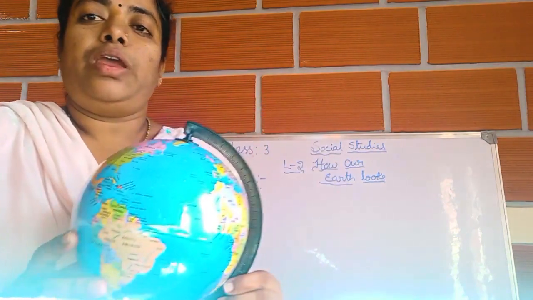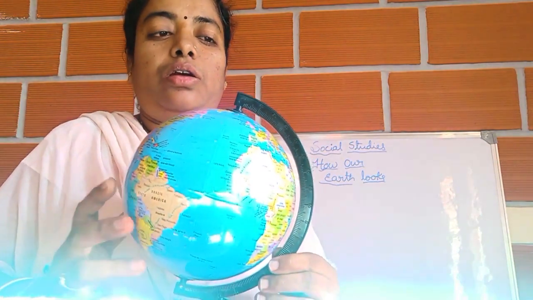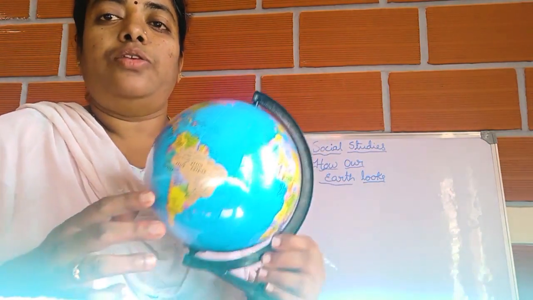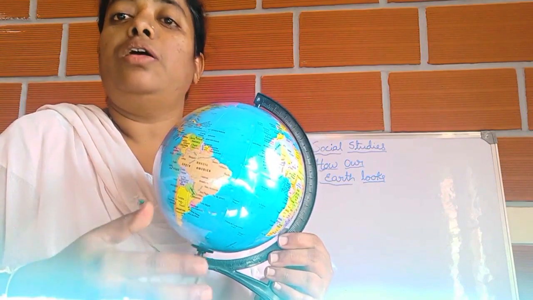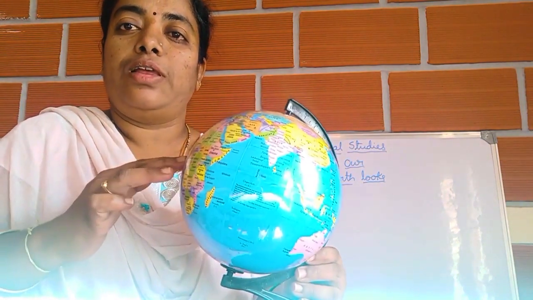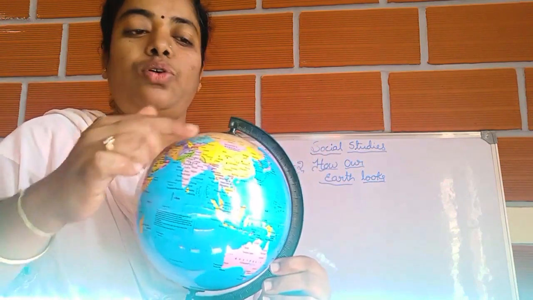If you want to study the earth with the help of this globe, it is not possible to see the earth at one time, because it is round in shape. So if you hold the globe like this, we can see only half of the globe, right? If you want to see the other part of the globe, what do we need to do? We need to rotate it like this. Then only it is possible for us to see the other part of the earth, right?